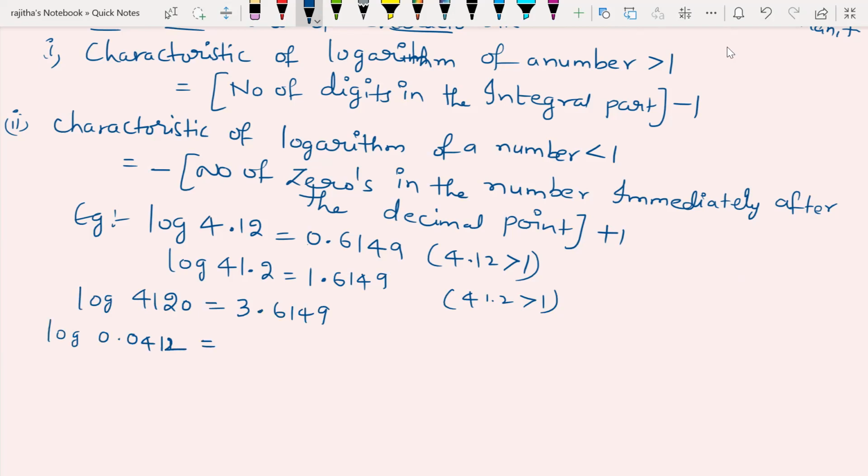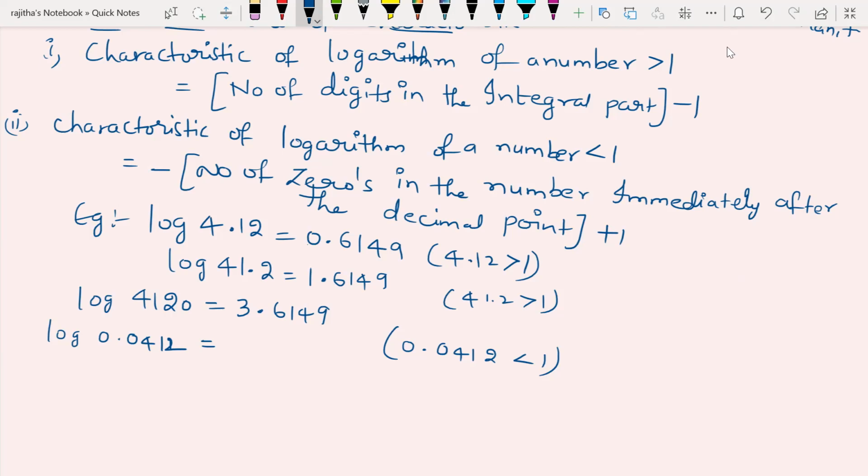Next, logarithm of 0.0412. Here observe clearly. 0.0412 is always less than 1. So we use minus of the number of zeros immediately after the decimal point plus 1.